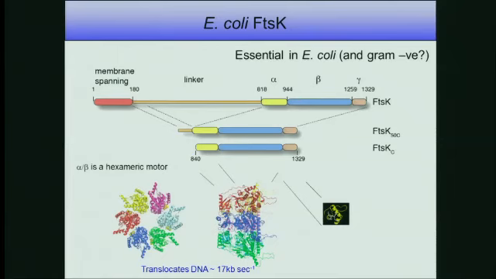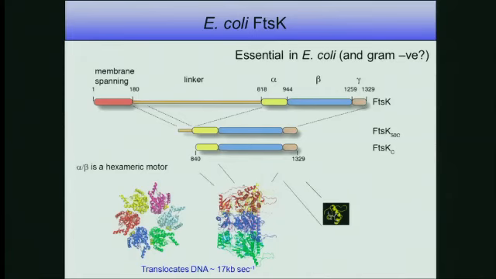And alpha beta comes together to form this nice 6-fold symmetric hexameric ring. It's a ring with a big hole down the middle. And double-stranded DNA fits down the middle of that hole. You can also see maybe these little yellow blobs at the interface between subunits, and those are the nucleotide.